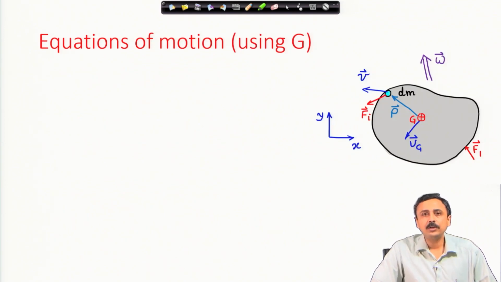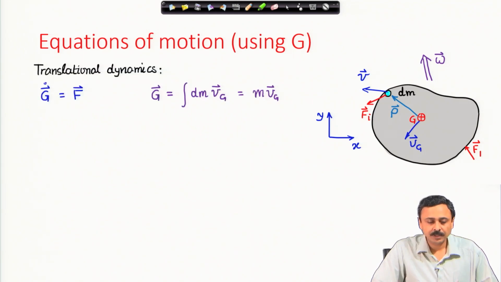Let us recall the equations of motion of a rigid body in which we write down the angular momentum equation about G. We have 2 equations. For the translational dynamics, we have Newton's second law for the center of mass of the body, which essentially tells us that the rate of change of linear momentum of the center of mass is equal to the summation of all forces acting on the body, and this is the definition of linear momentum, which is the total mass of the body times the velocity of the center of mass.